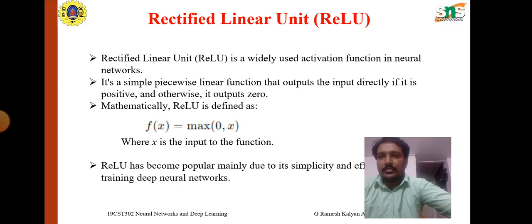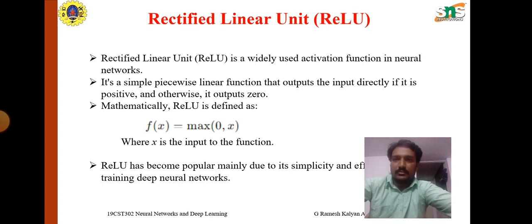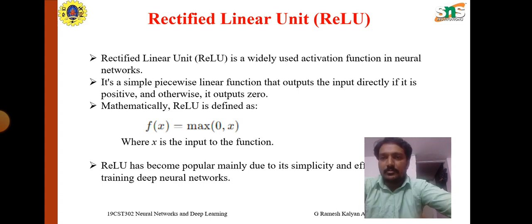Mathematically, ReLU, that is rectified linear unit, is defined as f of x is equal to max of 0 comma x, where x is the input to the function. ReLU has become popular mainly due to its simplicity and efficiency in training deep neural networks. So it plays an important role in training deep neural networks.